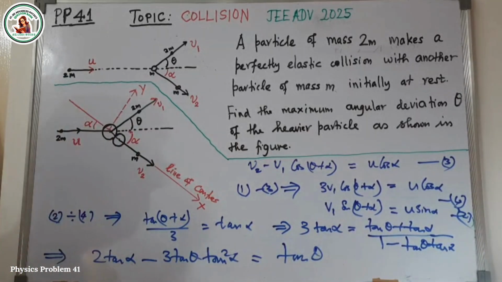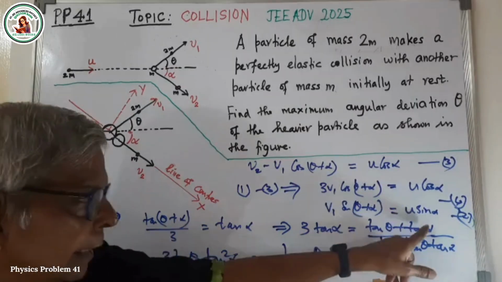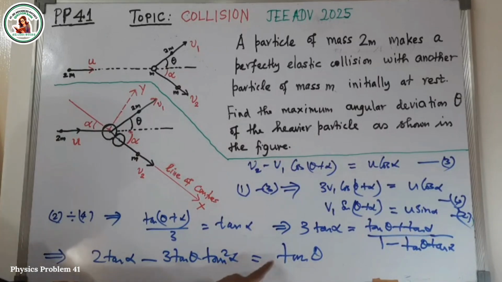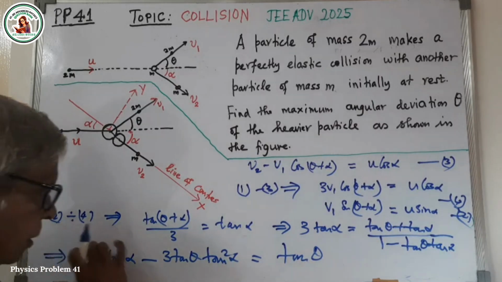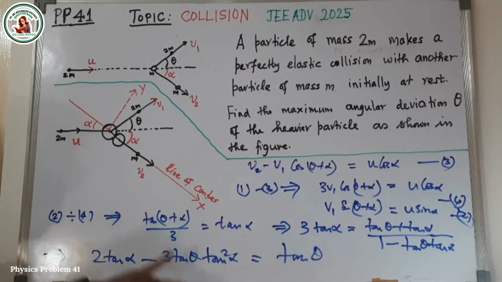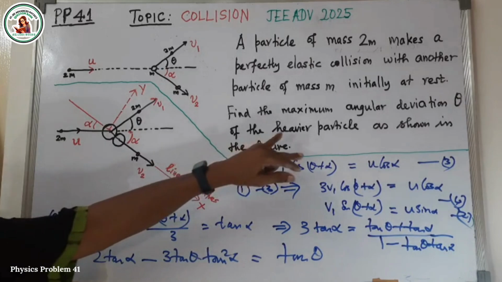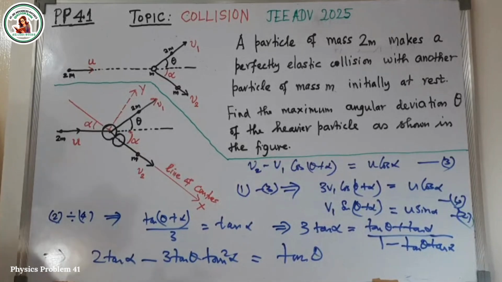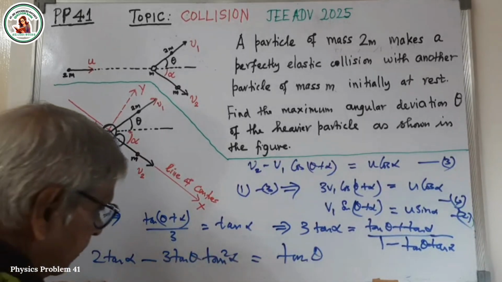Because I have also simplified 3 tan alpha here, and this tan alpha I made it 2 tan alpha minus 3 tan theta tan square alpha equal to tan theta. So this is our useful step. From this only we are going to minimize the required maximum angular deviation, because this is a relation between theta and alpha.